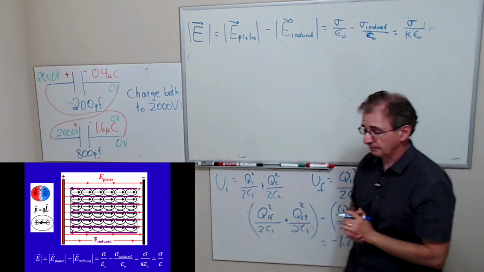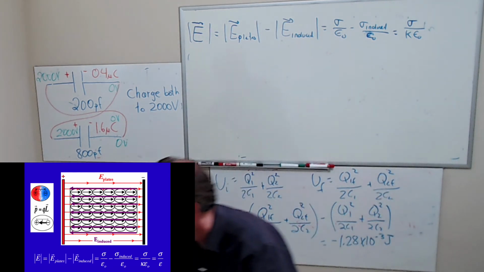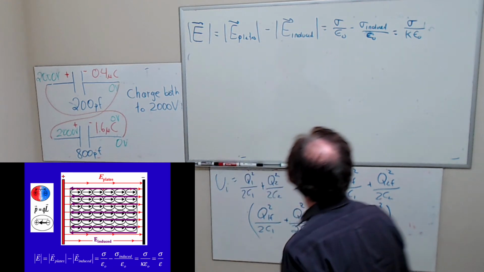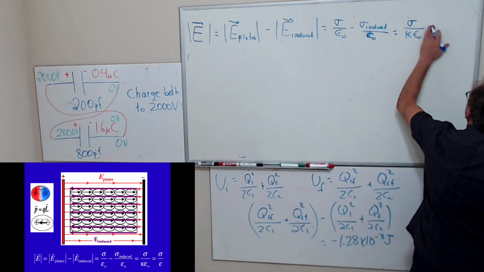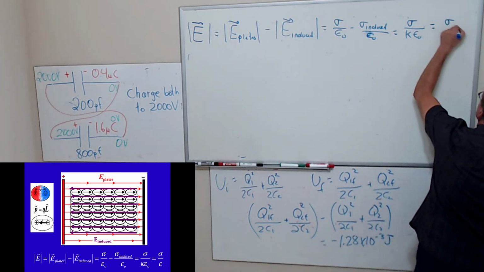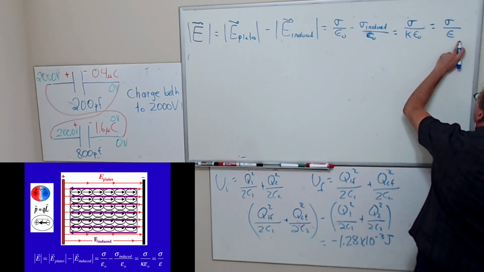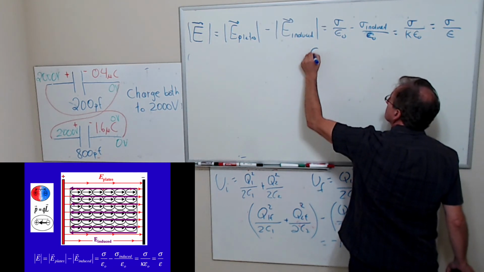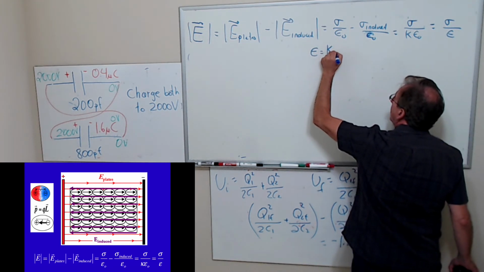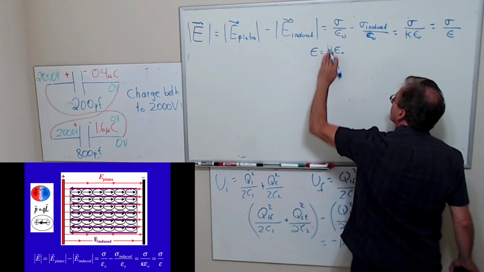So we can write it in that form. And again, we'll call this sigma over epsilon without the naught, where epsilon is kappa epsilon naught.